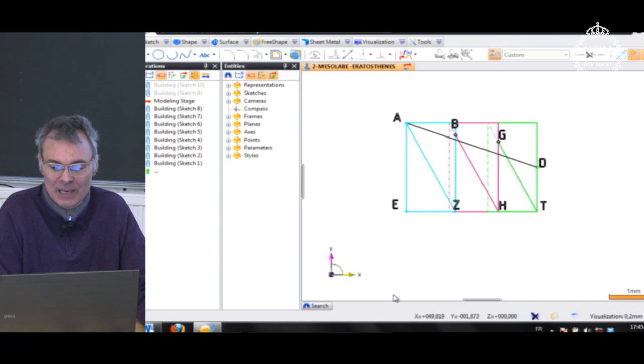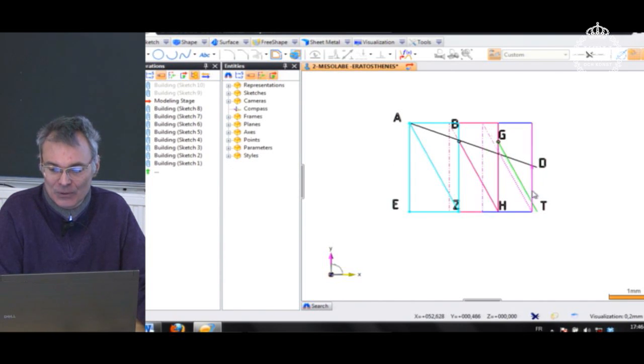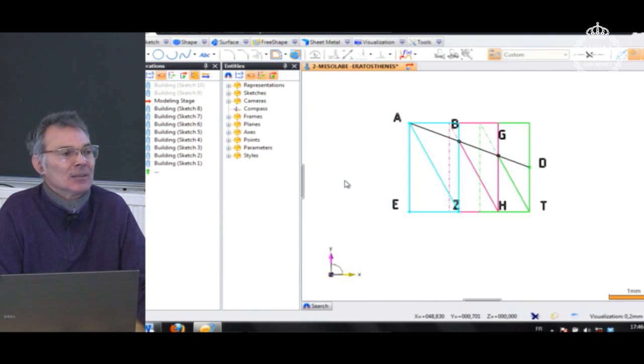So the idea here is to calculate the cubical root of this vertical segment, while this one is the unit. And for that, you pull a string between D and A, and then you move those elements in such a way that those 2 points lie on the same string.